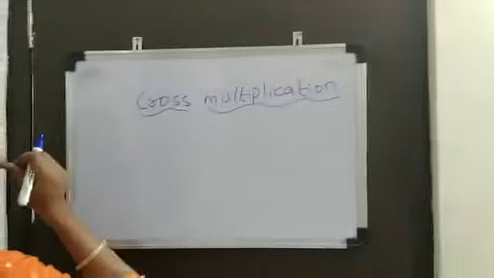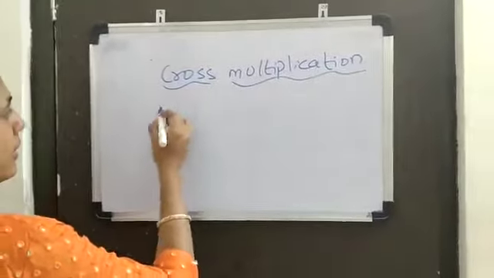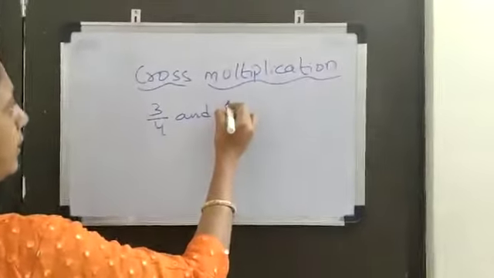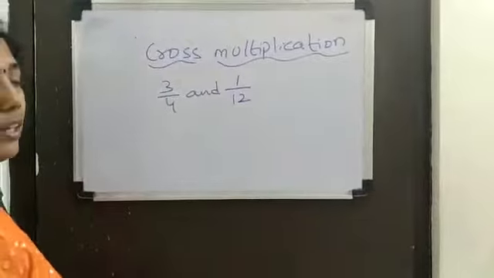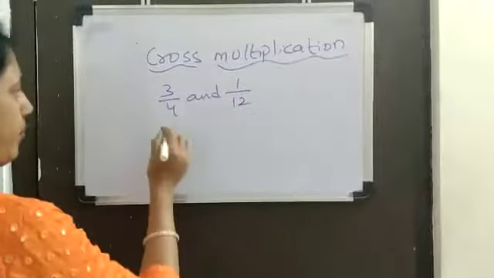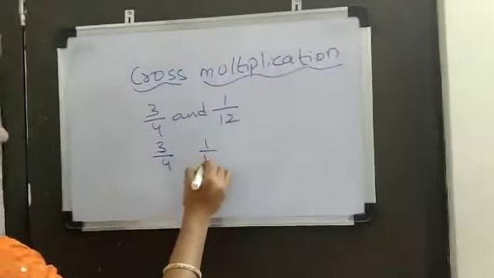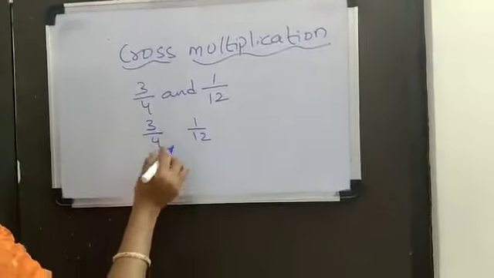Okay, this I have already told. Once again I'll tell. Now I have to compare 3 by 4 and 1 by 12. Okay, first write the fractions, leave some gap here and write the fractions like this.